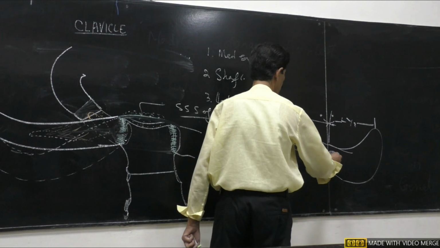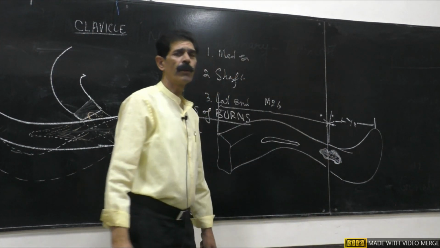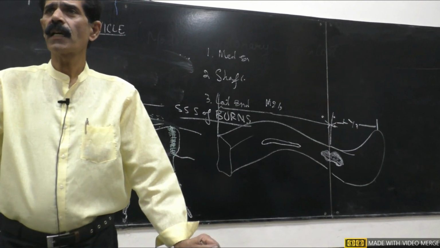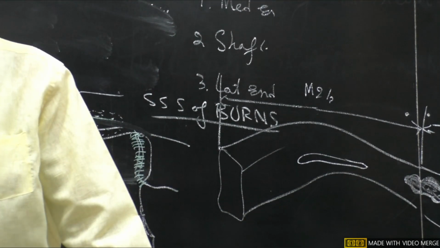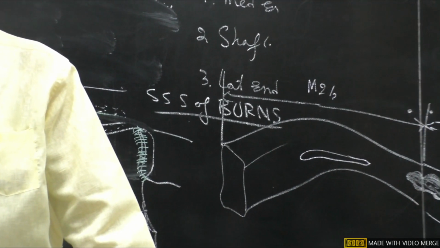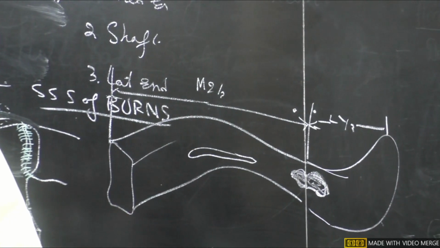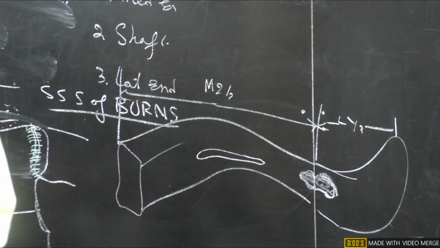Again small potatoes, so they are called the tuber or tubercles. So two tubercles are present on the junction of the medial 2/3 and lateral 1/3 of the shaft of the clavicle. Which surface? Inferior surface, just lateral to the subclavian groove.